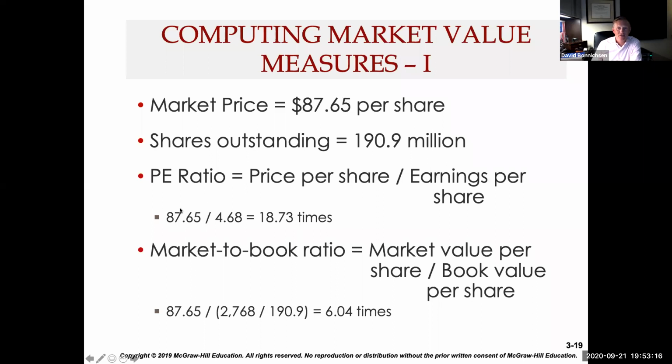So 87.65, the price, divided by earnings, so the PE ratio is 18.7. So this company is trading at 18.73 times their earnings per share. So 18.73 times 4.68 gives you 87.65.